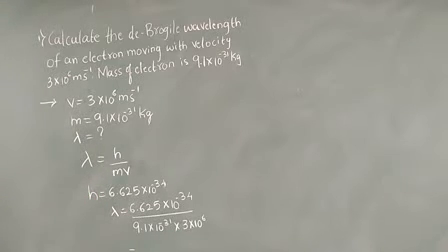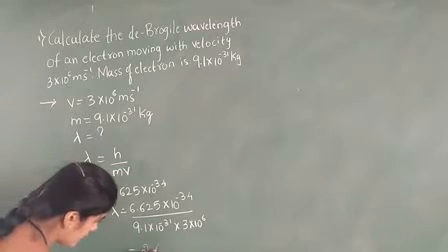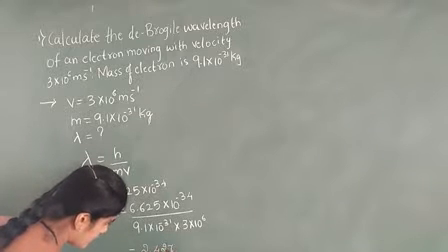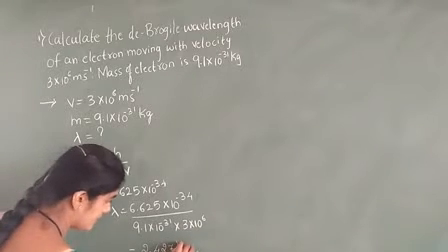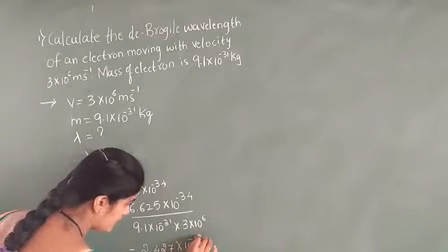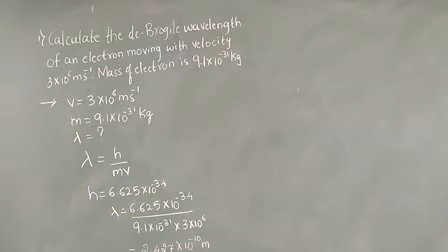Now the calculation part of the lambda. Okay, we are getting the answer as 2.427 into 10 raised to minus 10 meter.